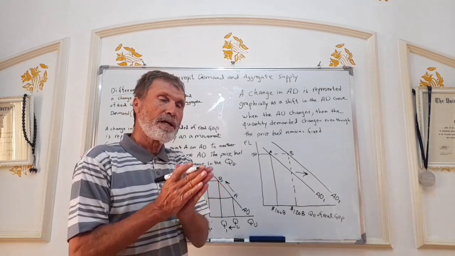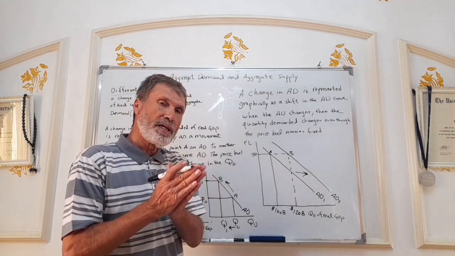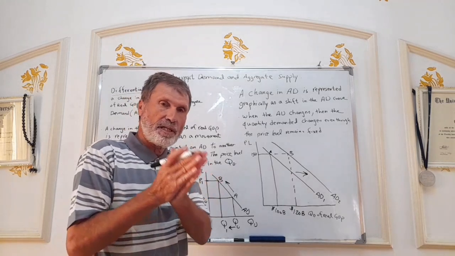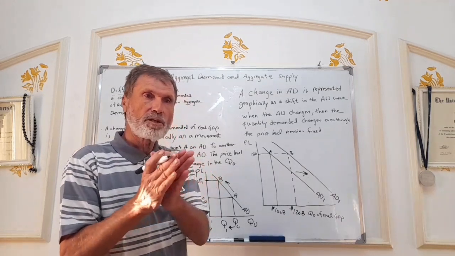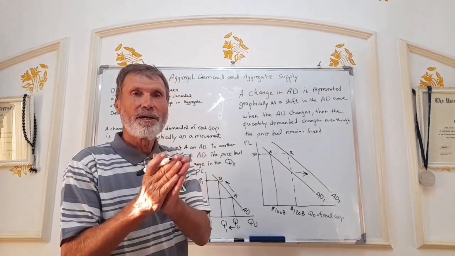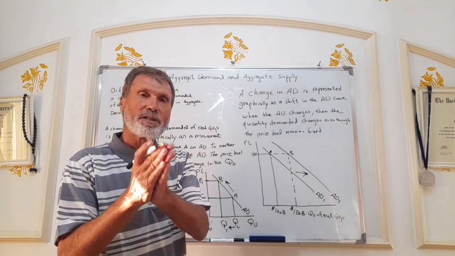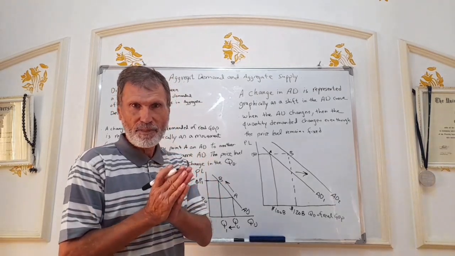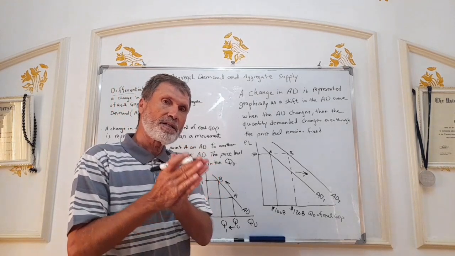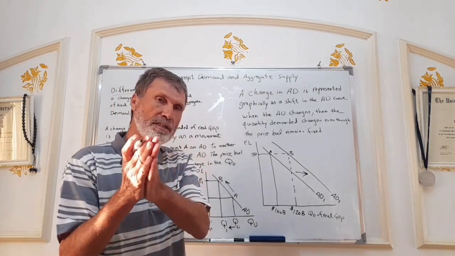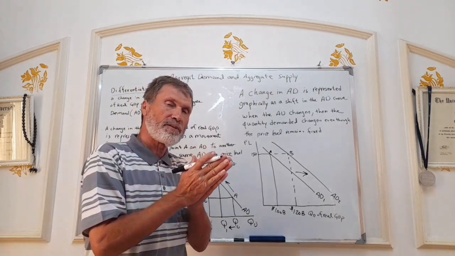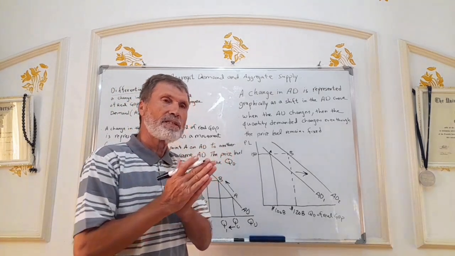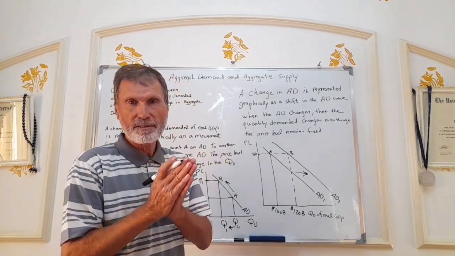So when the aggregate demand changes, that is, increases or decreases, the quantity demanded will change, that is, increase or decrease. When the aggregate demand increases, that is, it shifts to the right, even though the price level is still the same, the quantity demanded will increase.